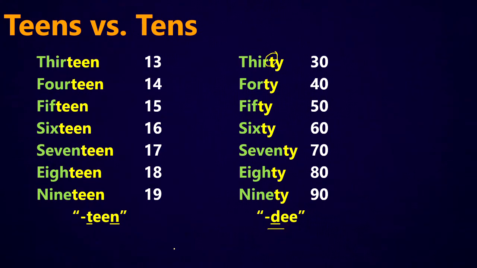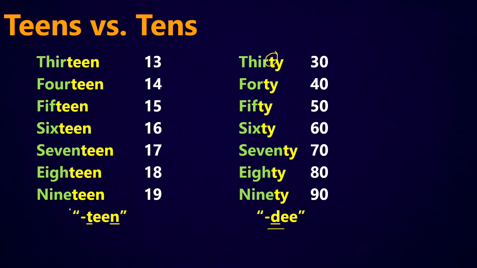So we'll say 13, 30, 14, 40, 15, 50, 16, 60, 17, 70, 18, 80, 19, 90. So you can hear the D sound and you won't hear any N sound here. With the teen, you'll hear an N sound at the end usually. So listen to the ending of the number and that will help you a lot.